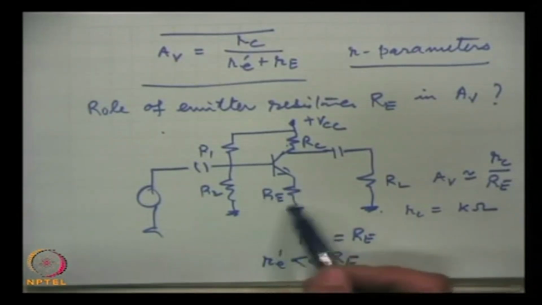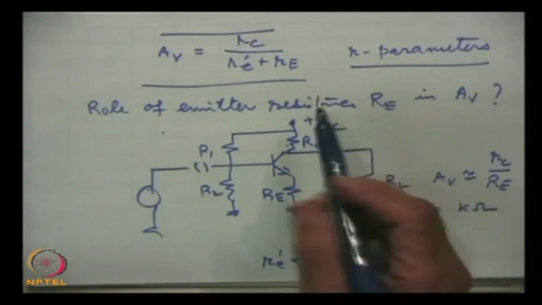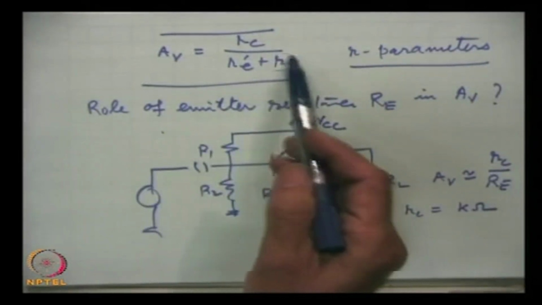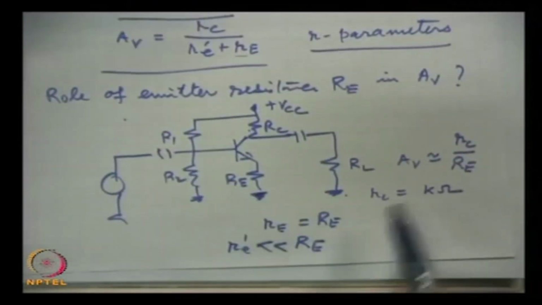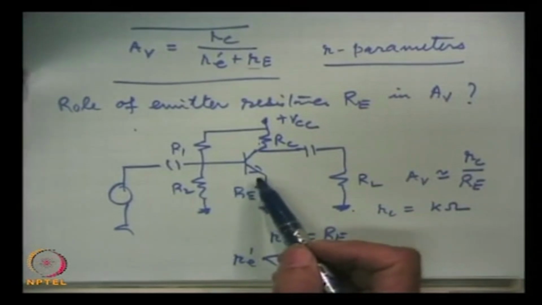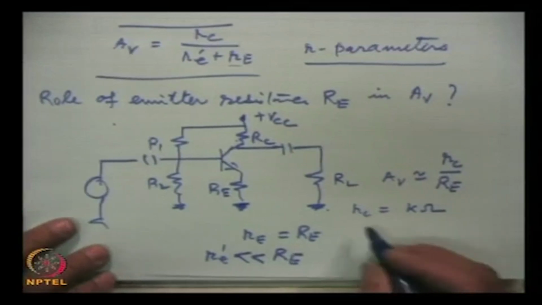But why do we use Re? If Re is made 0, then of course the gain will increase, and I come to that. One important thing is that here we have made the voltage gain independent of Re prime totally. This is known as swamping of the ammeter.